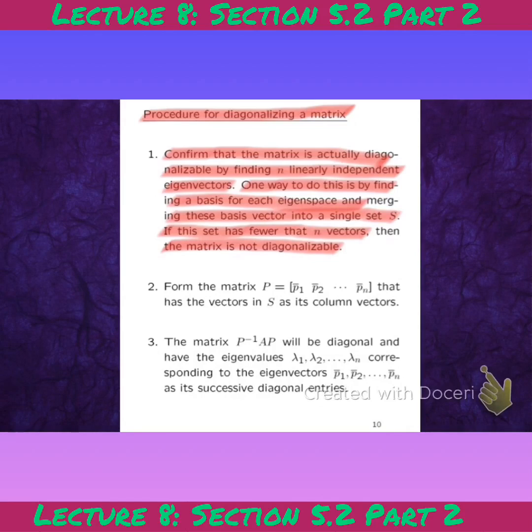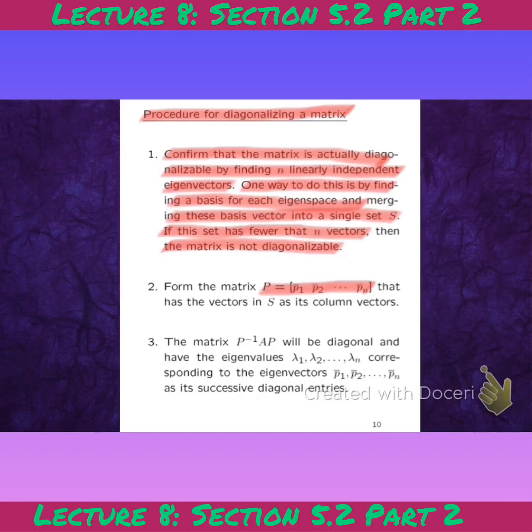Then, once you've established that this is the case, all you need to do is select the column vectors of your matrix P. These column vectors are going to be formed by taking eigenvectors from each eigenvalue and forming the required number of columns. And P will have n columns.